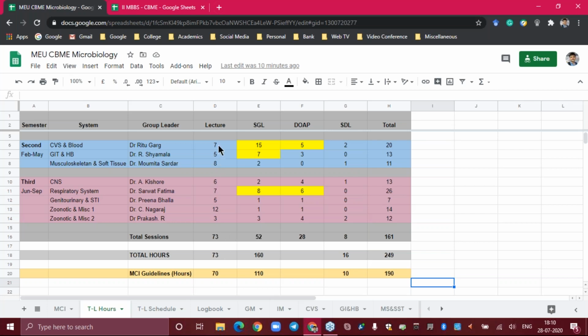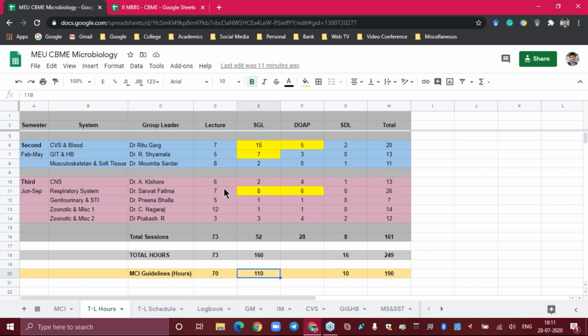Successfully, we have, you can see, created a timetable, and looking at this timetable, we are almost equal to the lectures, 70 and 73. So no issue about that. But small group learning, which also includes DO, right, where 160 hours are being created by us, while MCI is permitting, it can always permit more, but unfortunately we will not be able to fit that into our timetable.